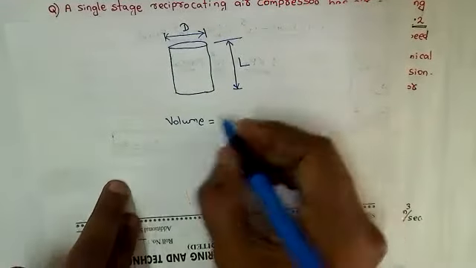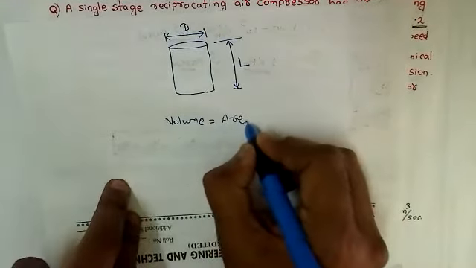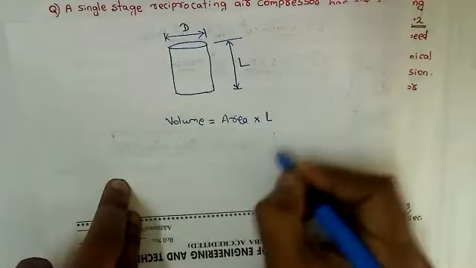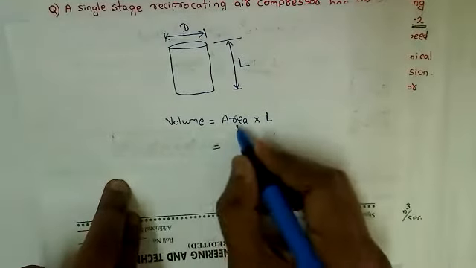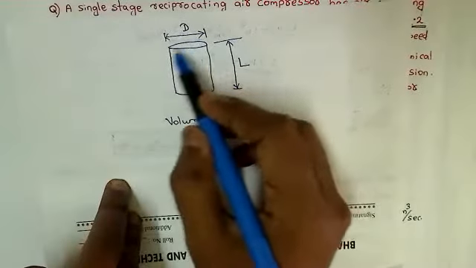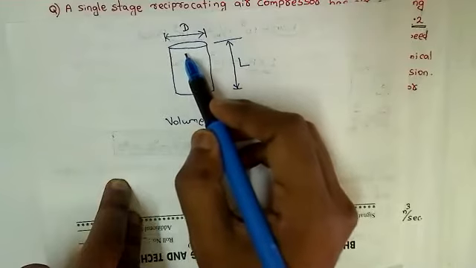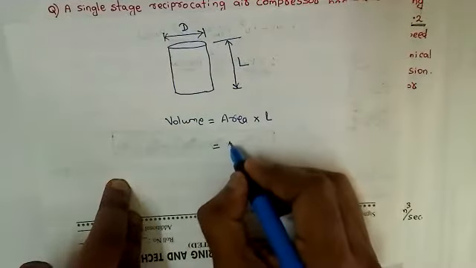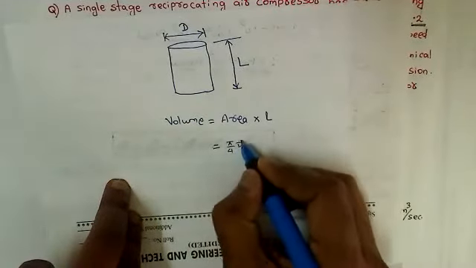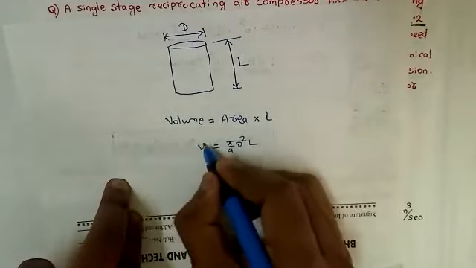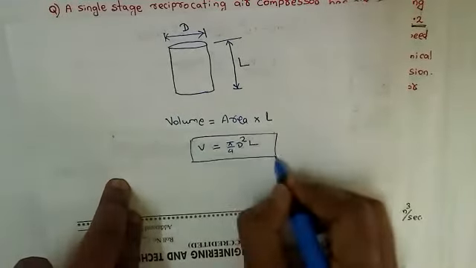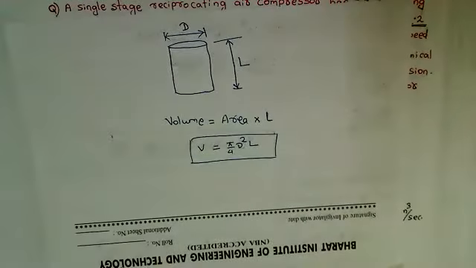Volume means area into length. The cross section is circular, so the area of a circle is pi by 4 d square. So the volume of a cylinder is pi by 4 d square L.